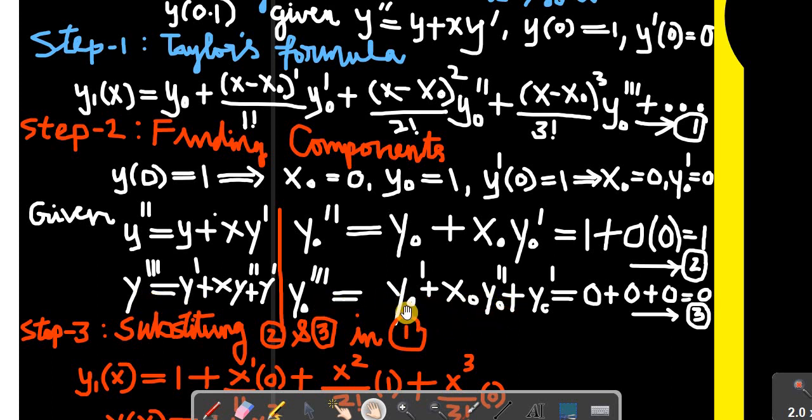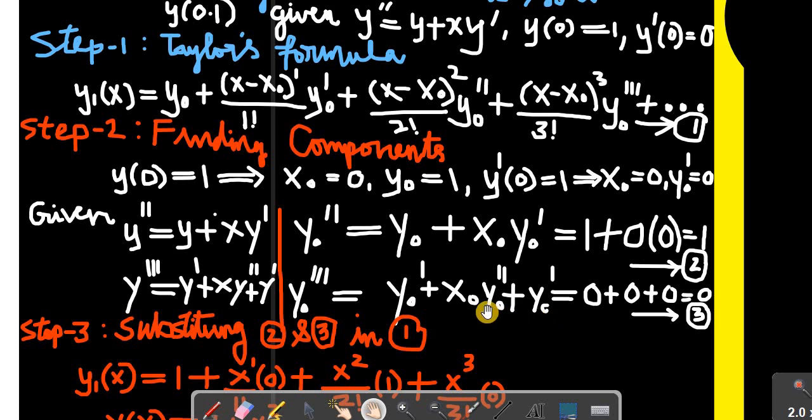Now for y dash of 0 we have the value already. Look at this, y first derivative at 0, the value is 0, so that we are substituting here. The initial value of x naught is 0.